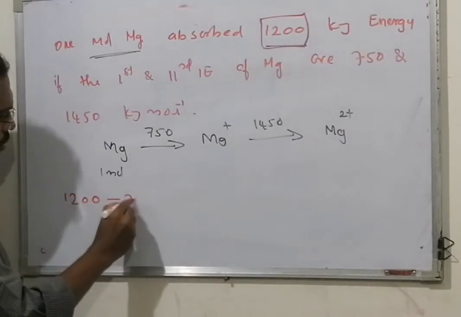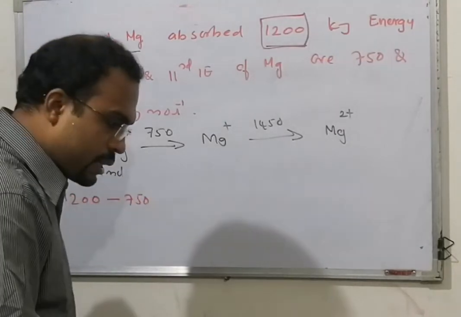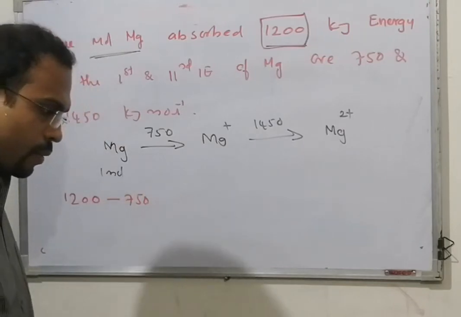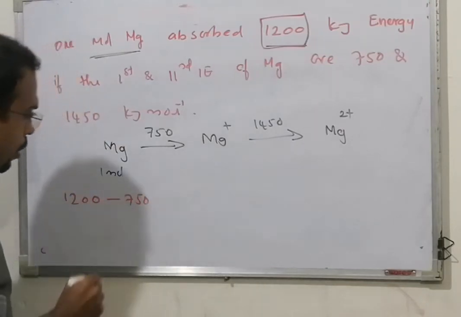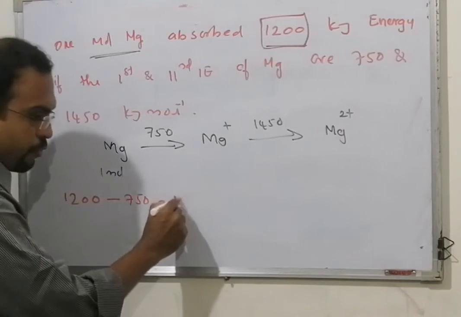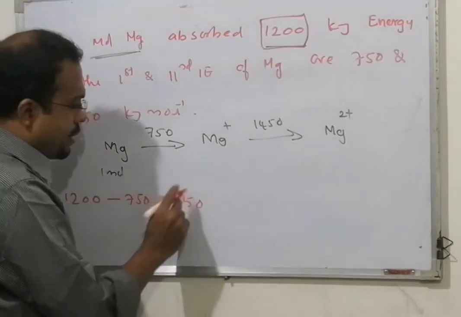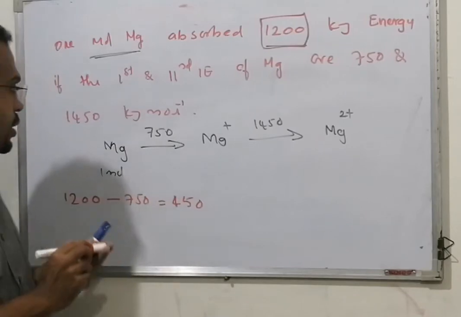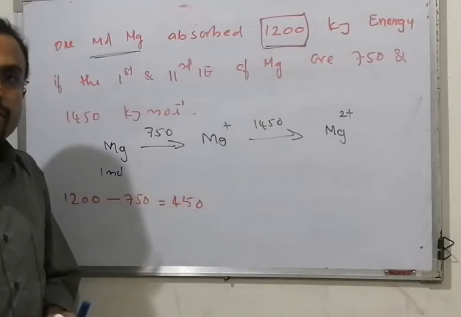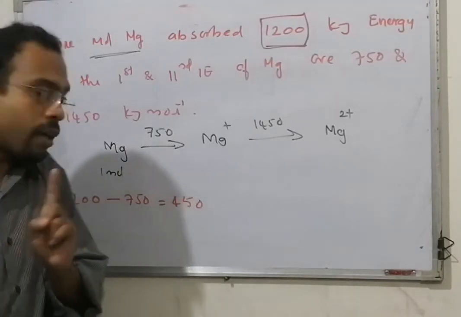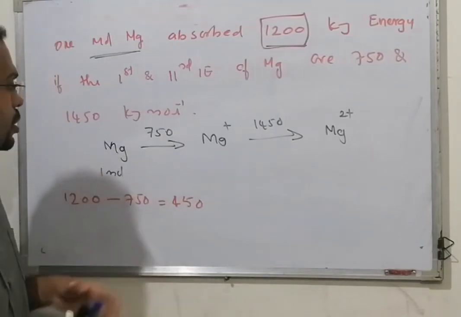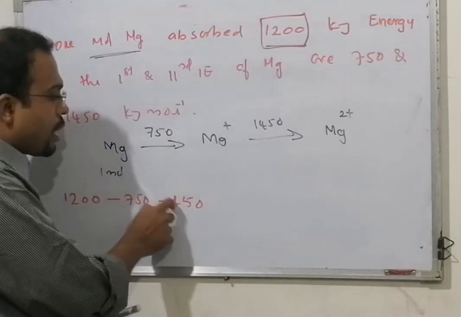Therefore, minus 750. What is the remaining? Only 450. After first ionization of magnesium, only this much energy remained.